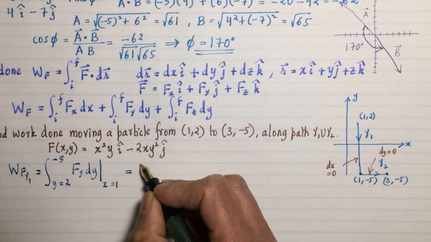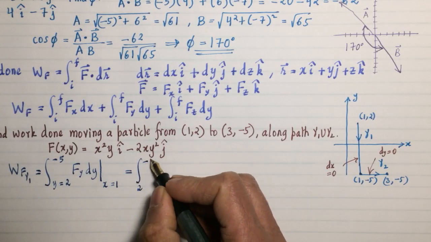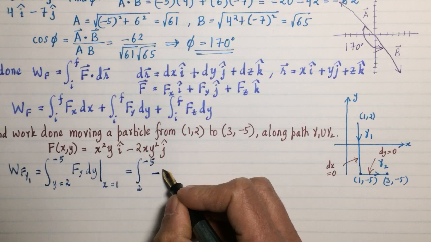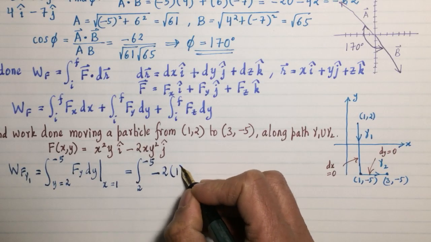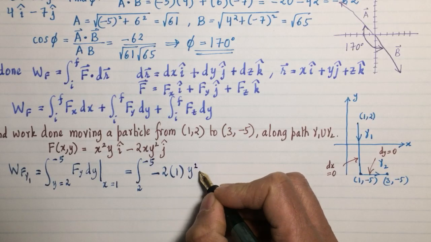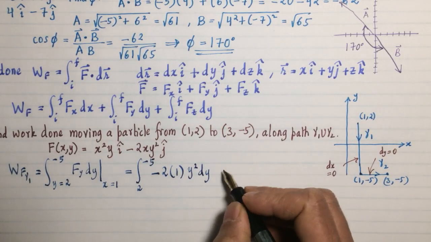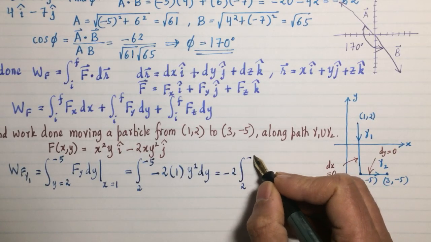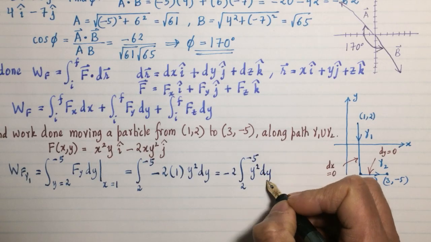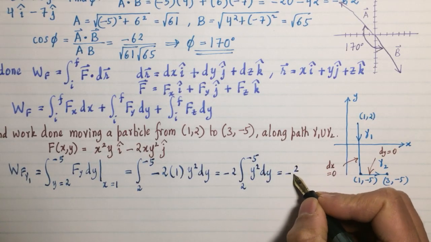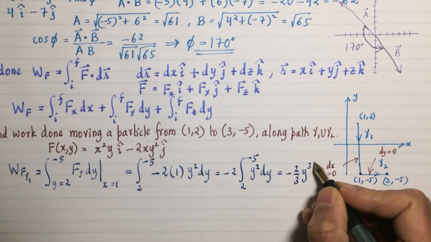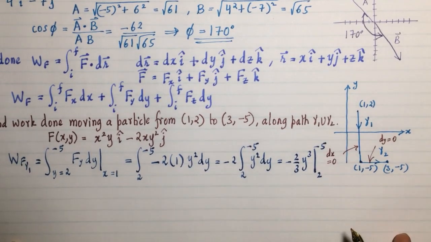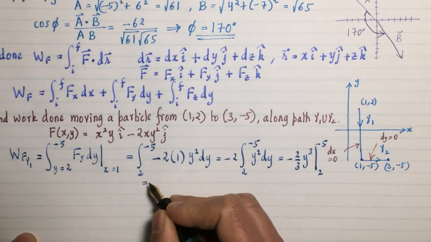So let's do everything. Integral from 2 to -5. The y component is -2 times x, but the x value is 1, times y squared dy. So I'll bring the -2 outside, so I'm going to get the integral from 2 to -5 of y squared dy. The integral of y squared is y cubed upon 3. So let me substitute the values and see what I get.